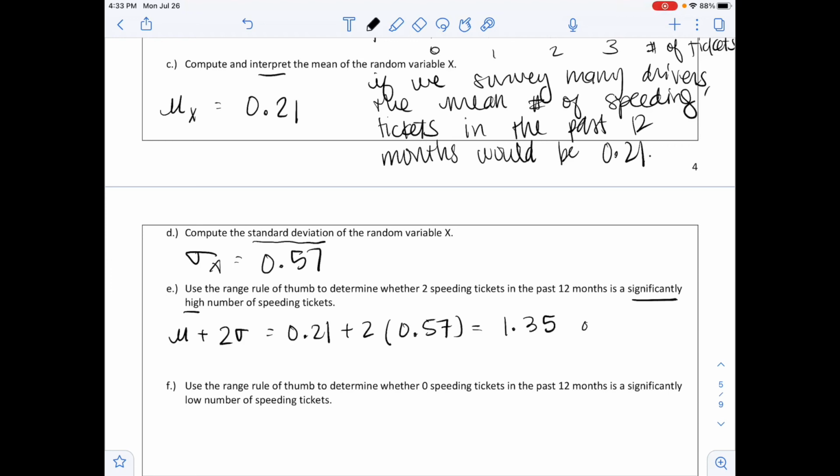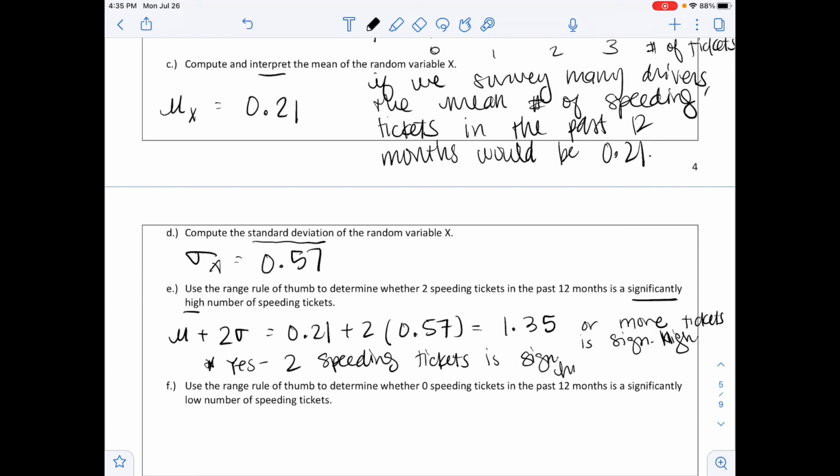That means that 1.35 or more tickets is significantly high. So the question was, is having 2 speeding tickets in the past 12 months a significantly high number? And yes, 2 speeding tickets is significantly high.